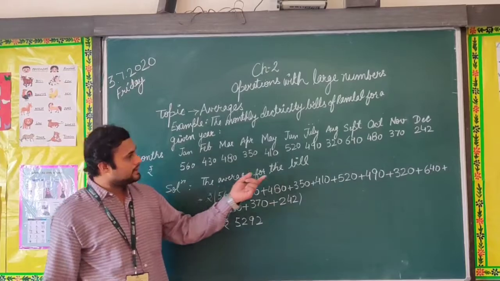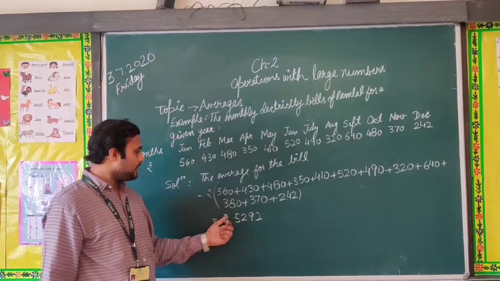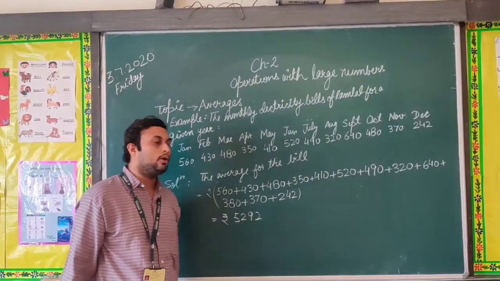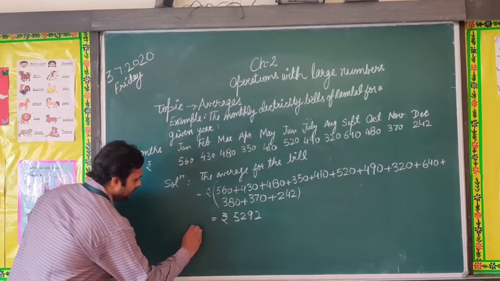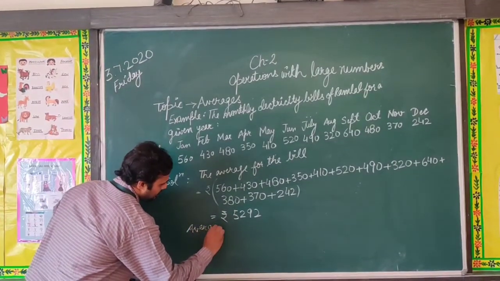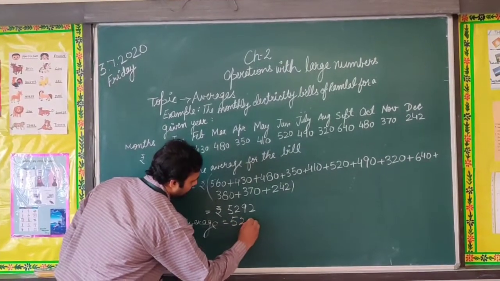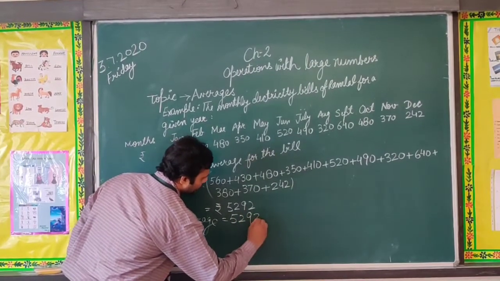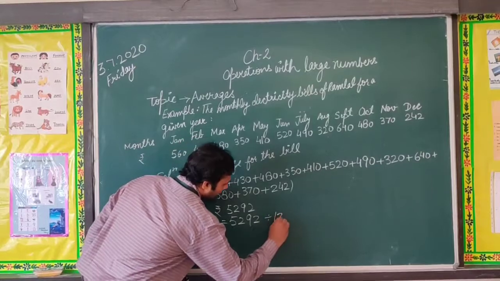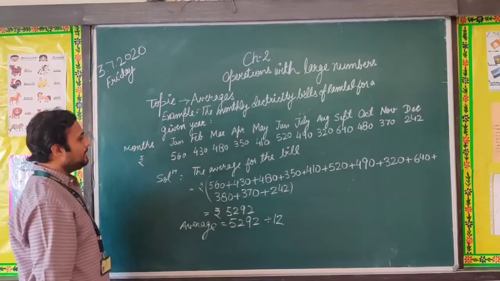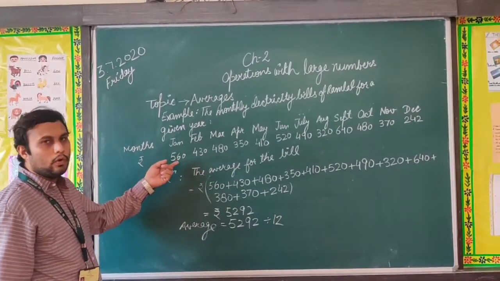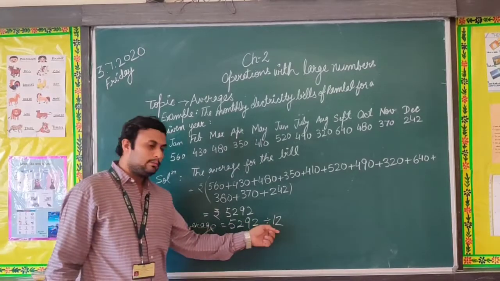When you add all these numbers, you get 5,292 rupees. Now for the average, you have to write this number, 5,292, divided by 12. Why 12? Because it is the bill of a whole year, and in a year, 12 months are there.